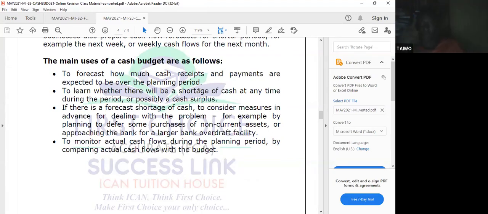We'll also use the cash budget to show whether you are going to have a cash shortage or surplus, so that if you have a cash shortage, you'll be able to prepare in advance how you can get liquidity from a finance arm or from a bank.